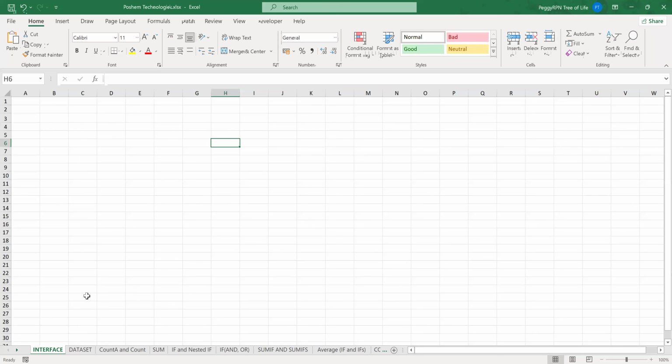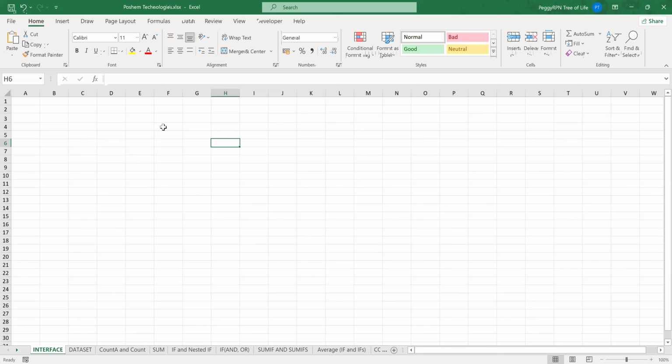Then one thing you have to understand is the formatting that works in Excel. This is also important in cleaning your data and understanding your data. Definitely, before you can clean your data, you have to understand your data. Now, there are different types of data that we have.